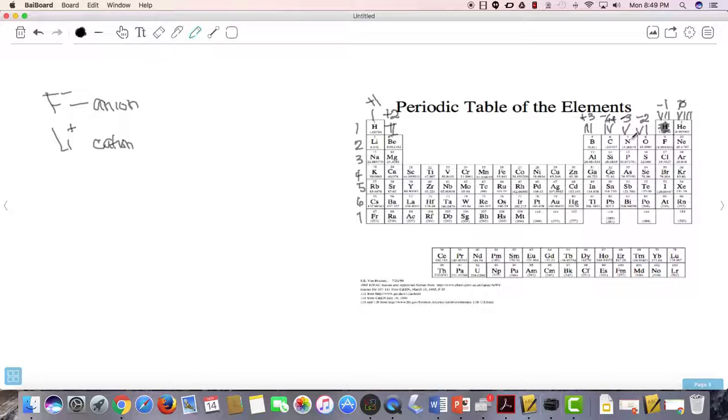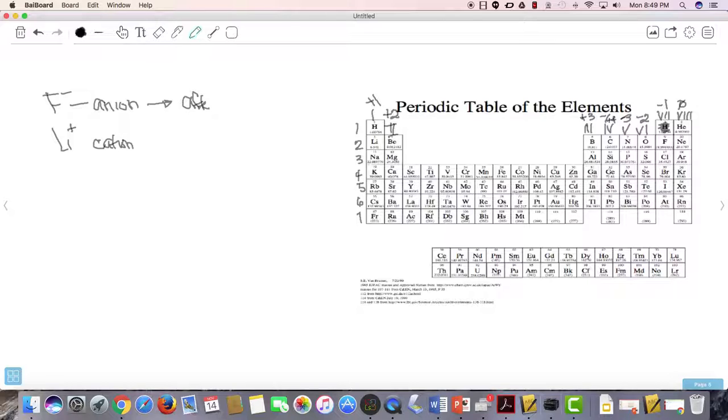What noble gas comes before aluminum? Yes, it is neon. Taking a look at bromine. Bromine is a non-metal. What noble gas comes after bromine? Krypton. So remember, for non-metals, it's the noble gas that comes after it.